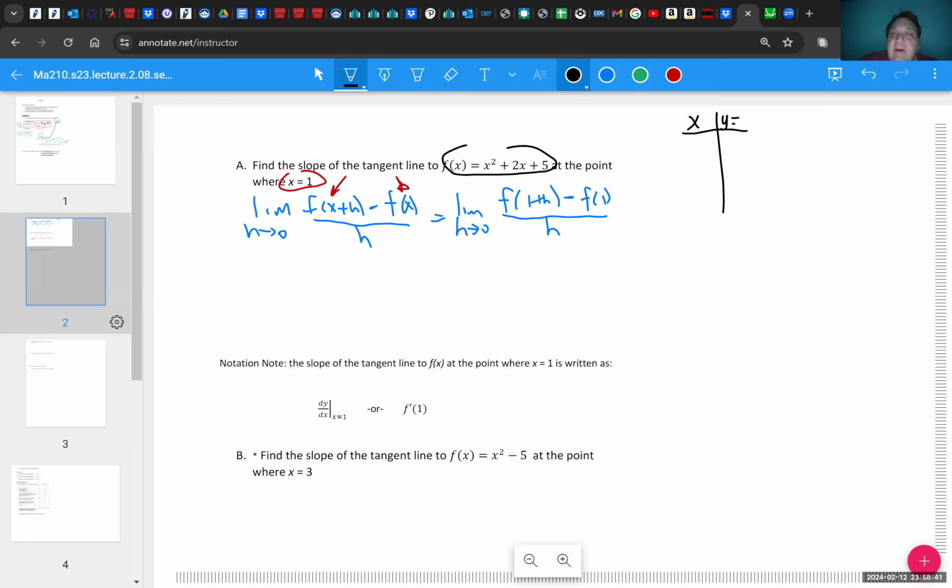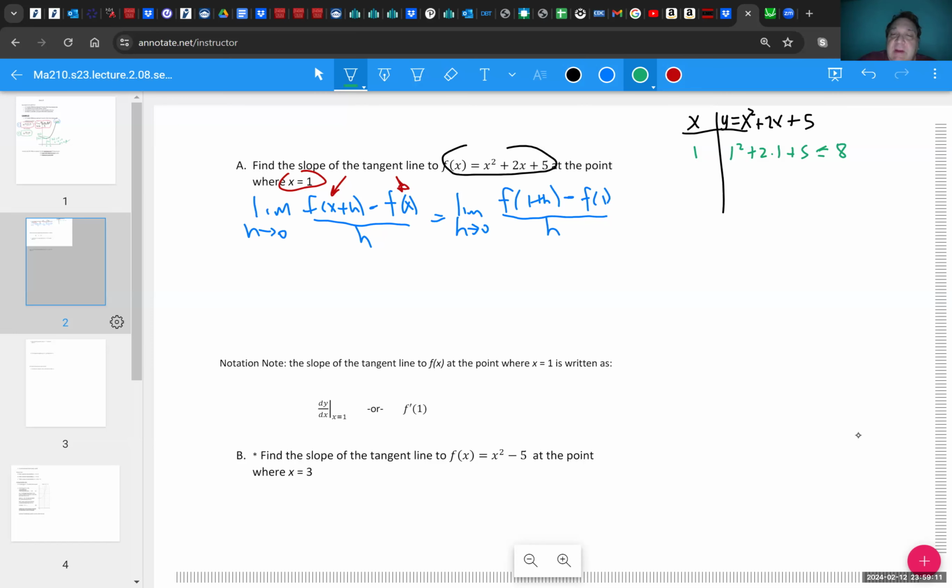And this is x squared plus 2x plus 5. And then I can plug in the number 1. And that becomes 1 squared plus 2 times 1 plus 5, sorry, it's plus 5. 1 plus 2 plus 5, that's 8.